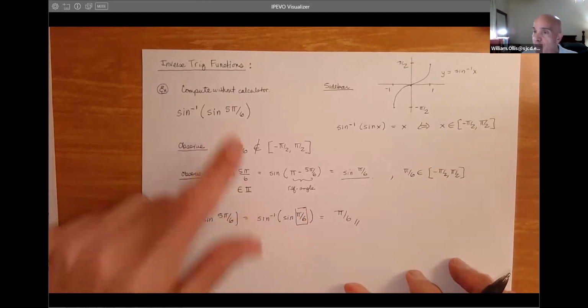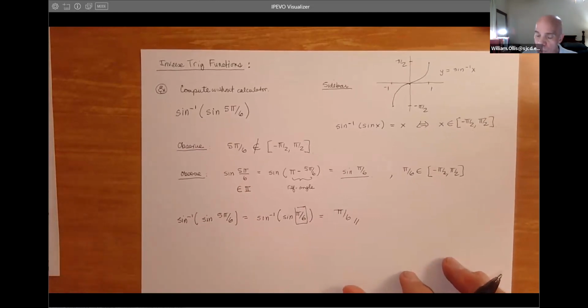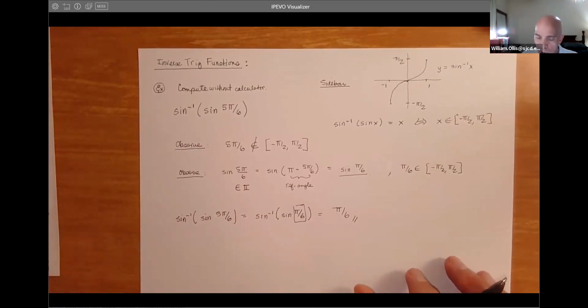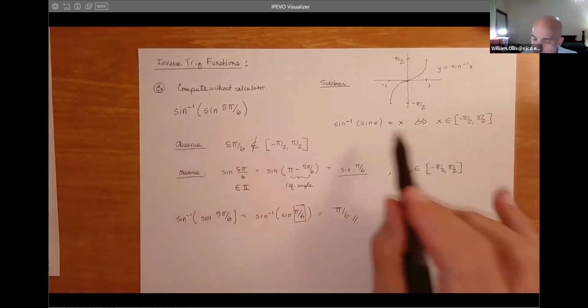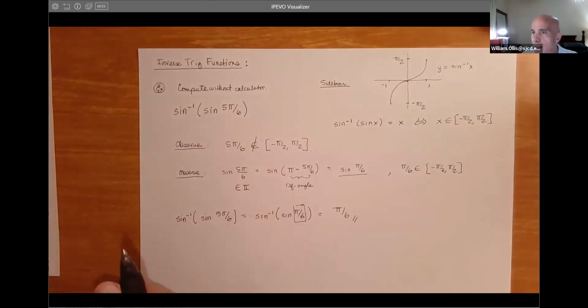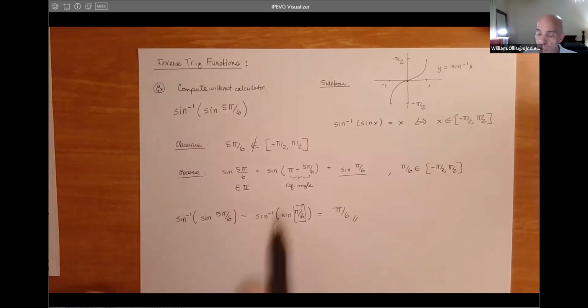The answer is not 5 pi over 6. I have students send me messages, why is this wrong? I'm like, well, you violated the definition of the inverse sine. So when I say you need to know these definitions, you need to have them on note cards, and it helps just to write them down and practice with them, because these are the objects.